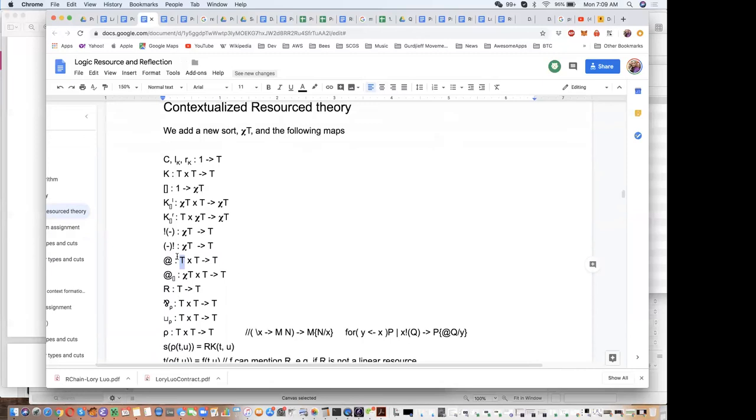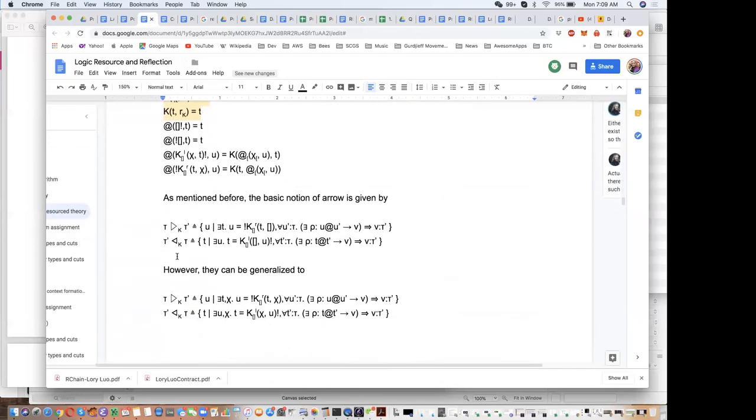So that's the evolution of the different theories. And now the thing that's interesting is that with these notions, we can build up this rely-guarantee idea.